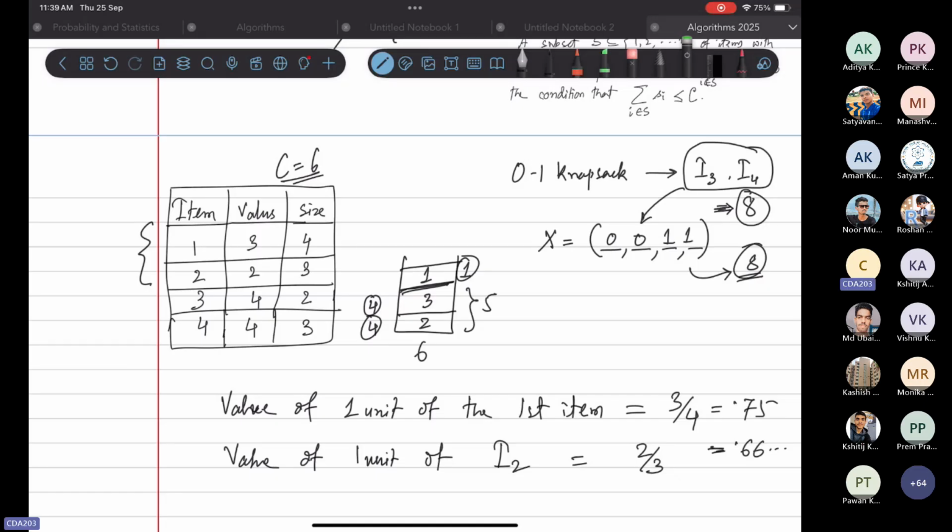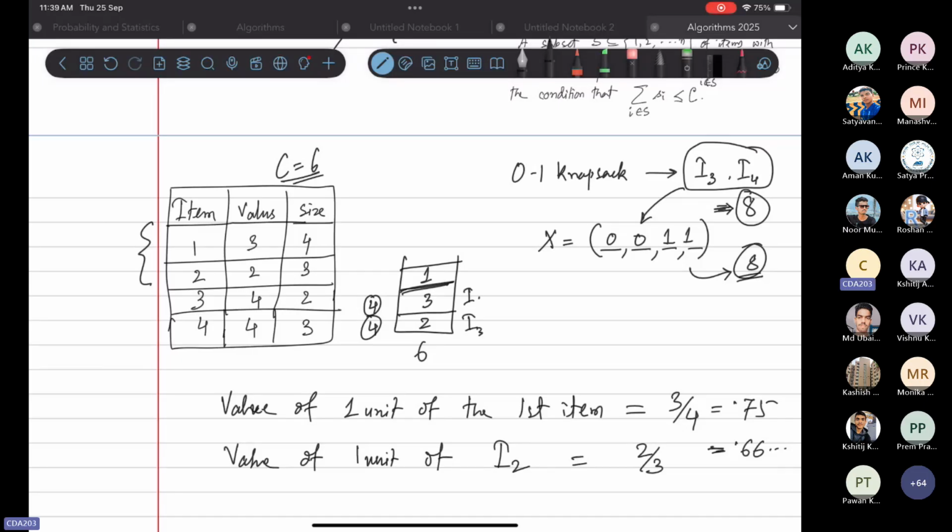So I'm going to fill this remaining portion of 1 unit. This is item 3.